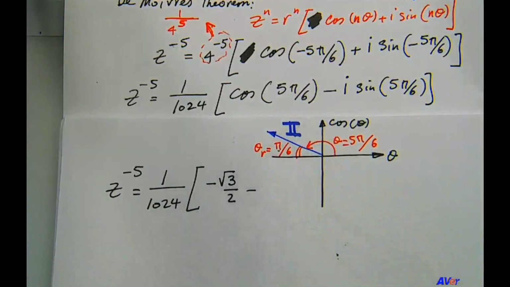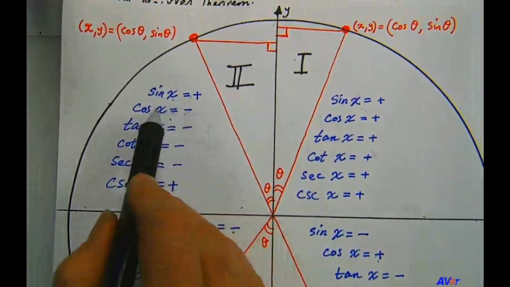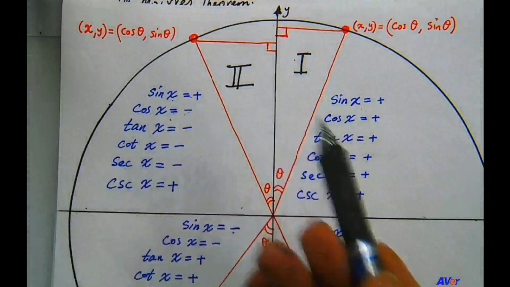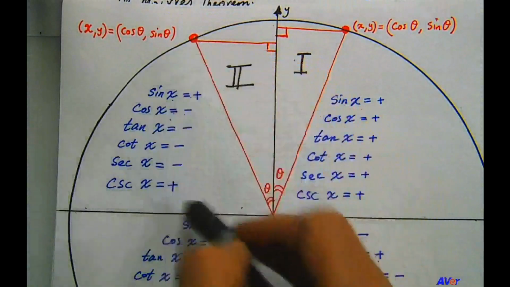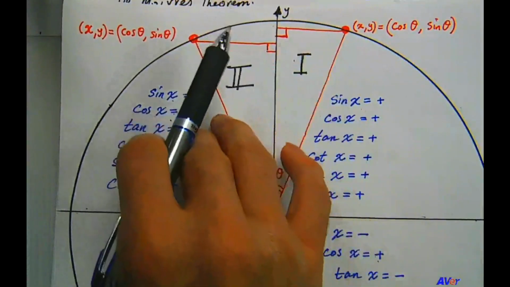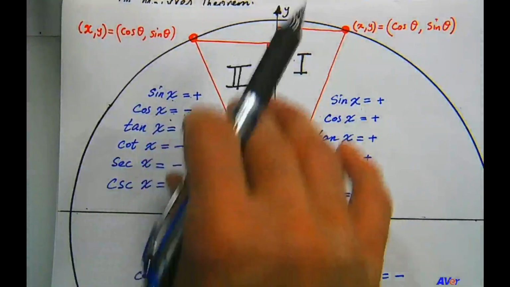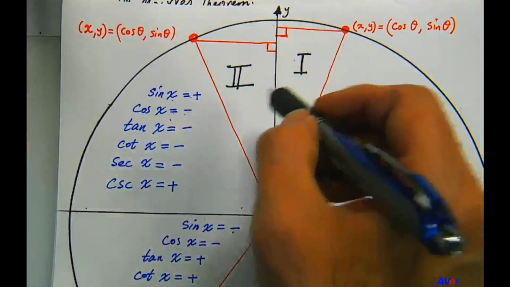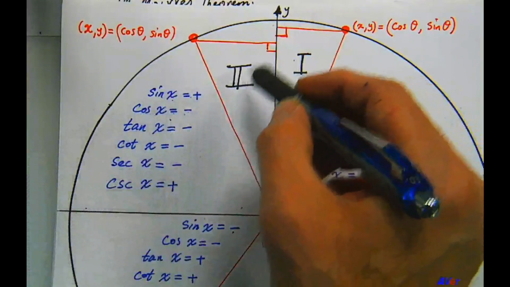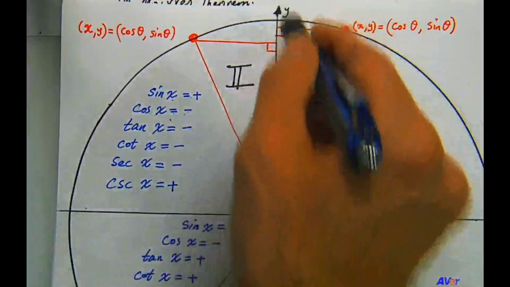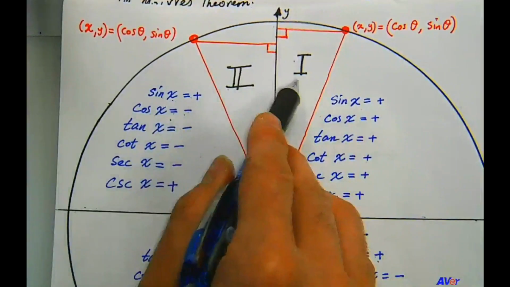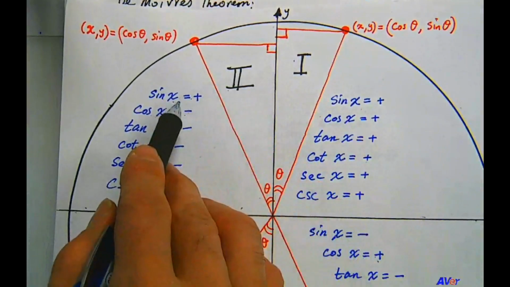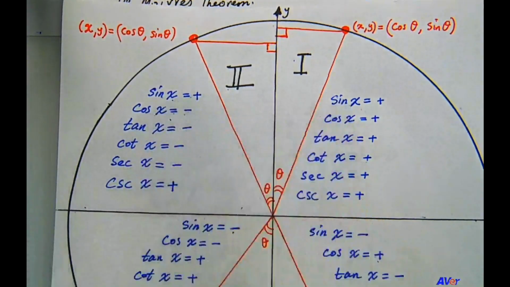In the second quadrant, the sine is positive, and we expect it to be. The reflection of the reference angle for sine is along the y-axis, and the y-axis in the second and the first quadrant is positive.